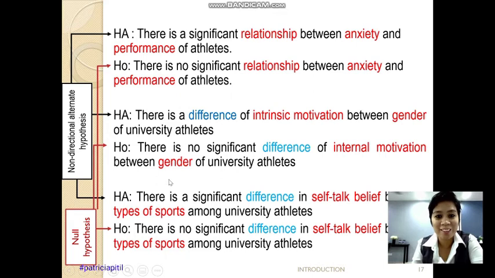Hypothesis testing. Okay, we have to put a statement of relationship. And the second one, difference of intrinsic motivation. Okay, again, there is a relationship, and now there is no relationship. Same goes for the self-talk belief. Okay, the first hypothesis here is intended to assess or examine the relationship.